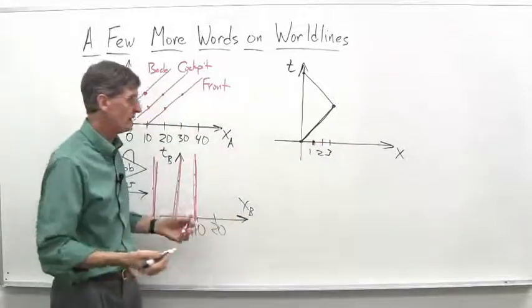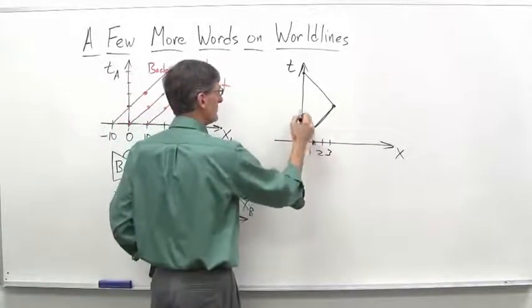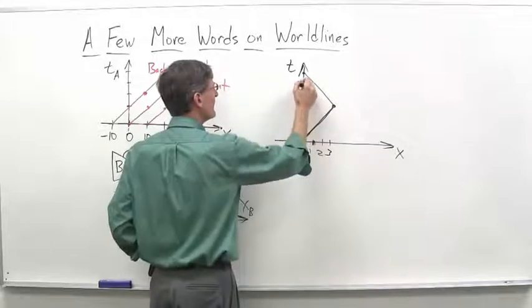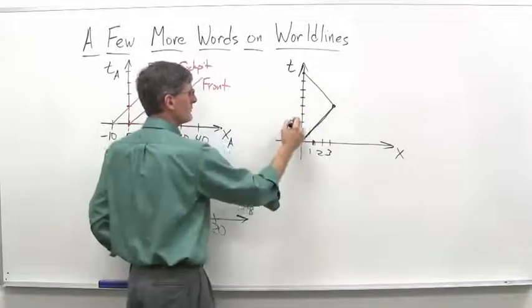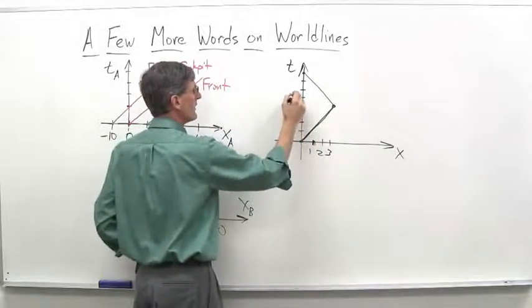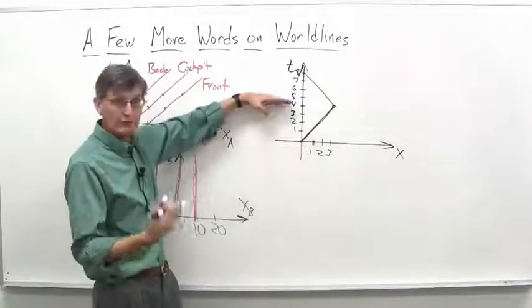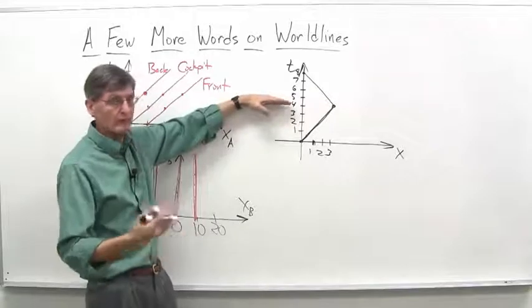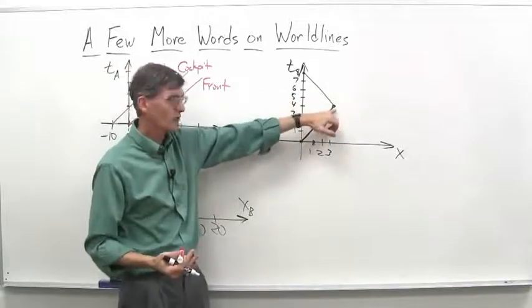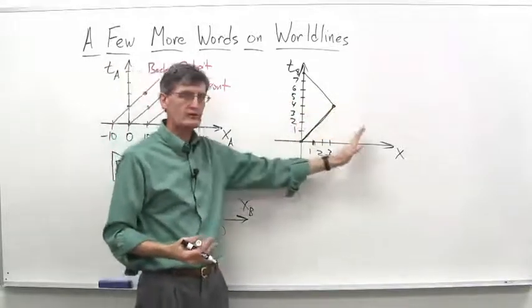So it's at position 3 at some given time. So at time t equals 4 seconds, 4 minutes, 4 years, whatever it happens to be, it's at position 3. It's moved in the positive x direction.